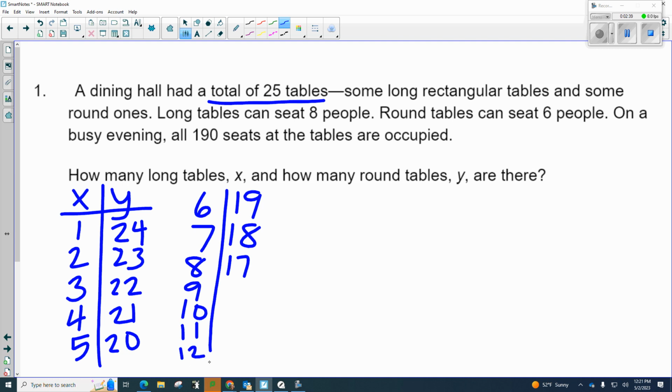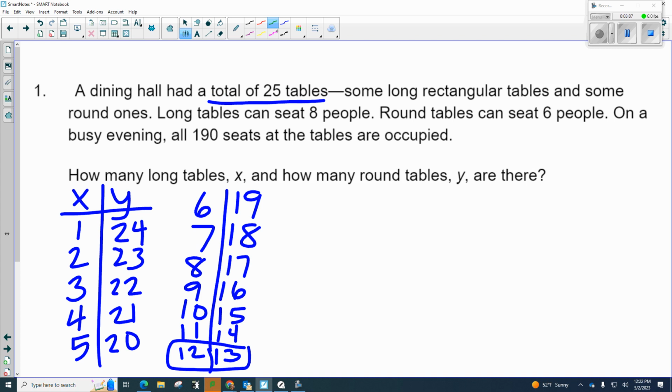Sorry, I'm trying to make this go a little bit faster. 16, 15, 14, 13. And then I got to here and I was like, whew, okay, that's enough for now. And then it's going to go and do all the opposite pairs. But I stopped right there and I said, well, this is almost half and half. So I'm going to start with that and just see what happens.